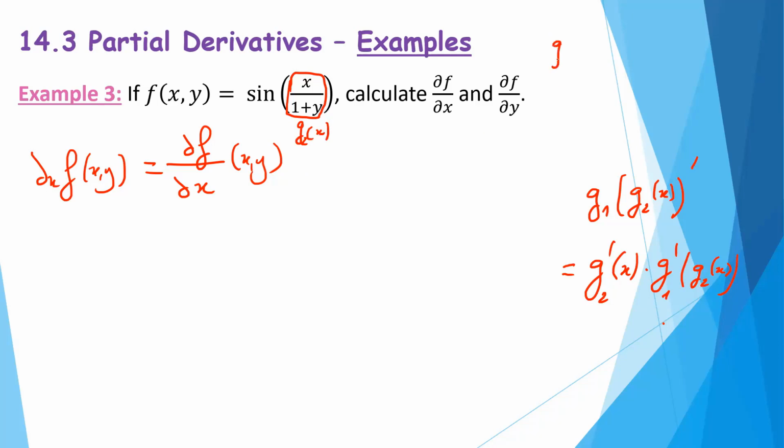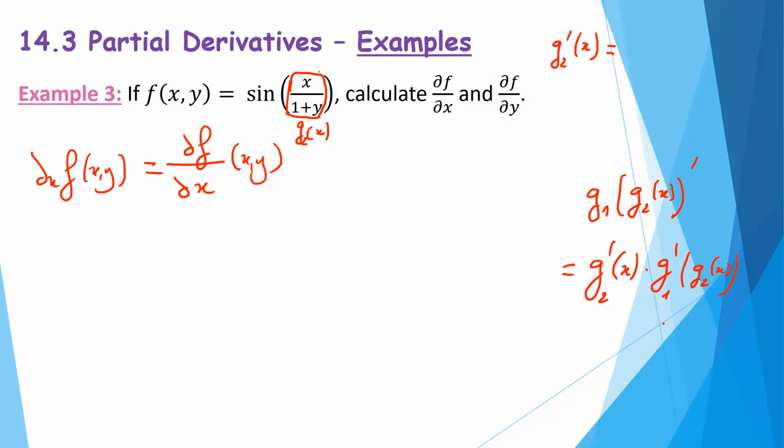What is g2 prime here? X only varies, y is fixed. If we derive x over 1 plus y with respect to x, what will it give us, guys? X over 0? Of course not, because x is not in the denominator. X over 0 is undefined.